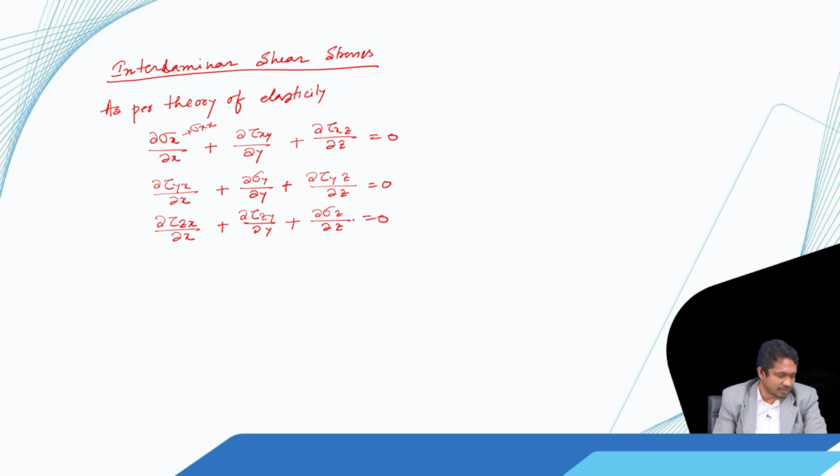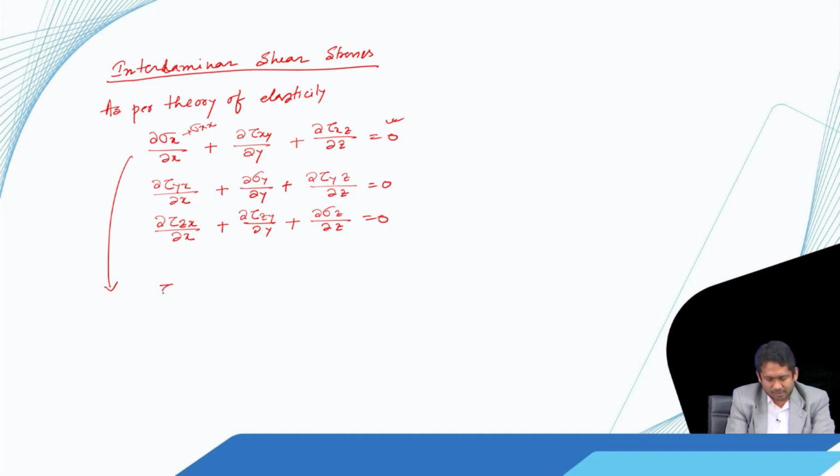Now, here we will use this equation, and from this equation we can find out the tau xz. For that, from this equation we already know sigma x.